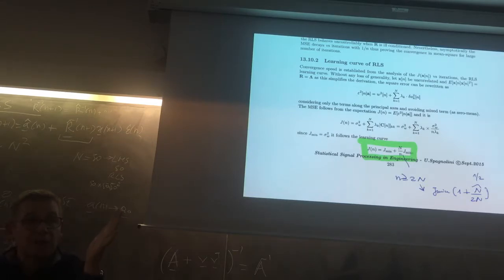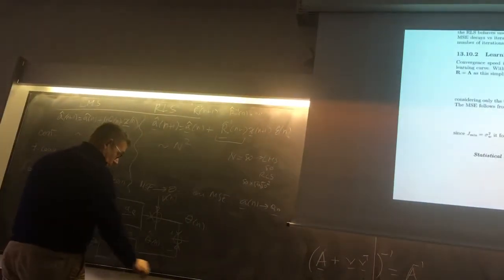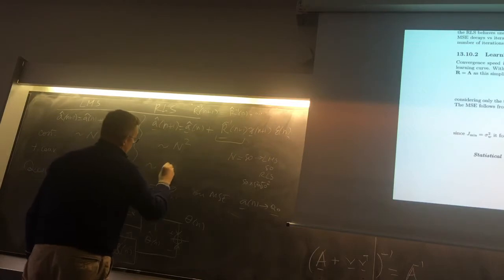This proper training is not only because I need to compute the correlation matrix properly, but also comes from the learning curve, because the learning curve contains a second term, the excess mean square error, which does not exist here and is negligible. So the time for convergence here is approximately 2 times N.